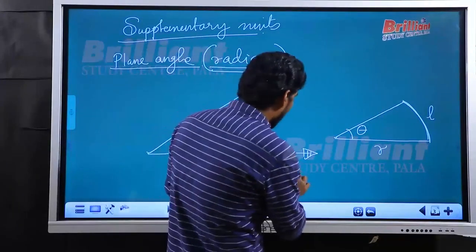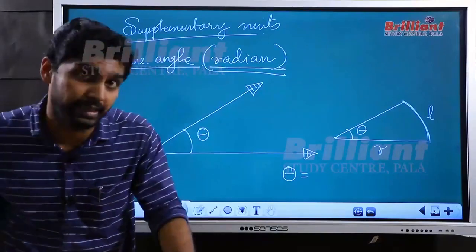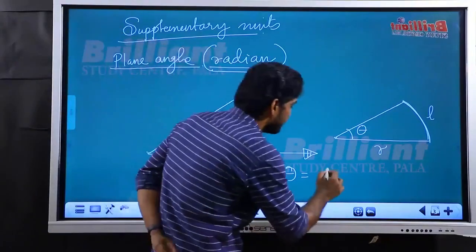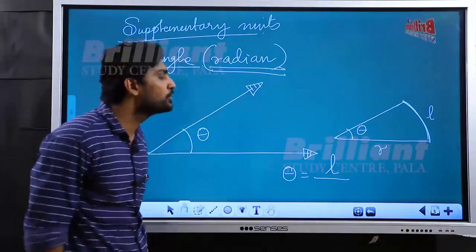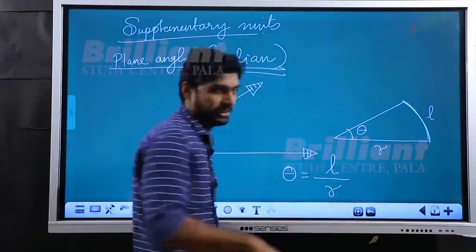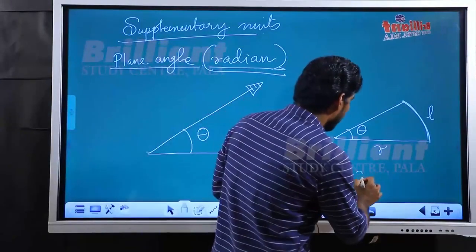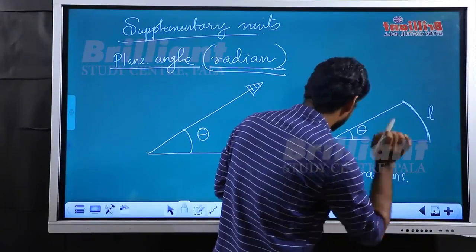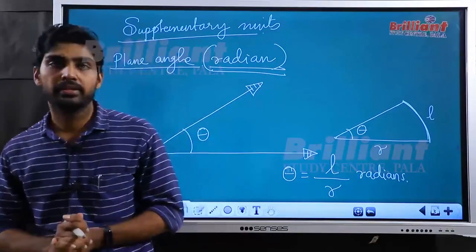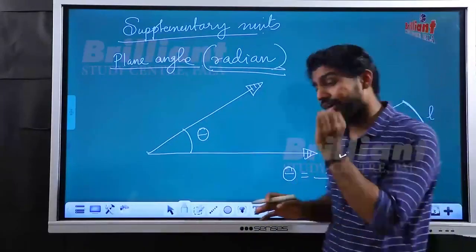Now, plane angle is defined as the ratio of arc length to radius. Ratio of arc length to radius, and that's it. So what is radian? We can say radian is the unit of angle. And what is angle?